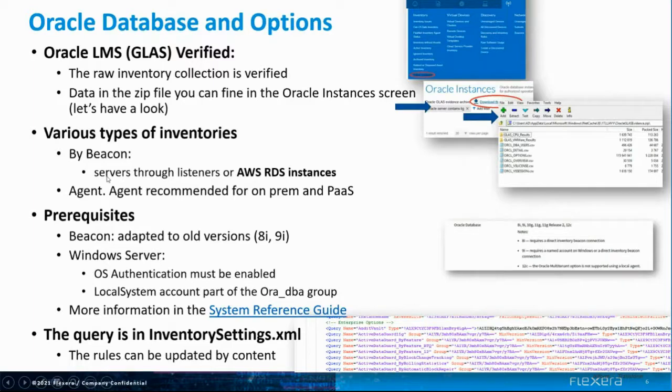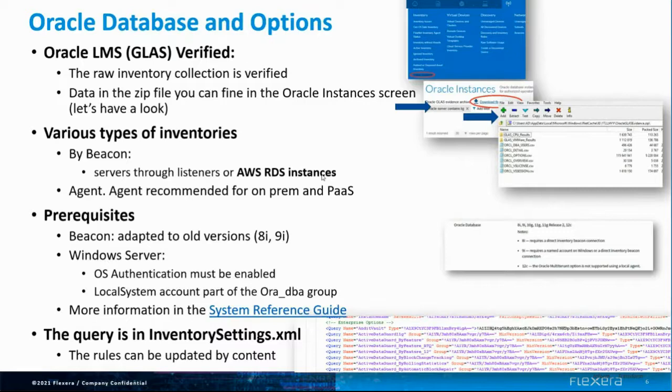Before I talk about the agent inventory, there is a new type of Oracle inventory from the beacon, which is the AWS, Amazon Web Services, RDS instance collection. So if you set up an inventory task that will be performed by the beacon on an Amazon Web Service, FlexNet Manager beacon will get the list of Oracle instances that you use as a service.